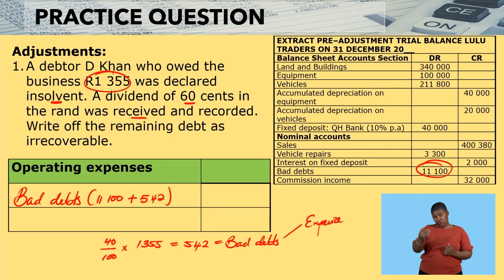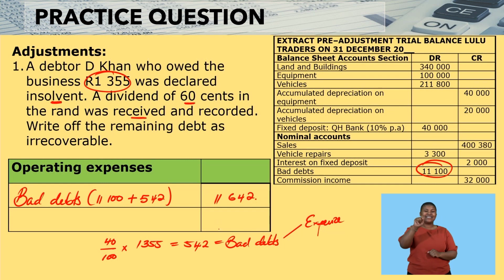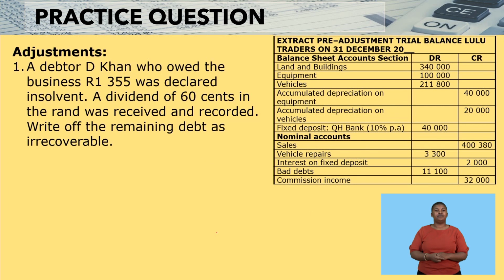If I close that bracket, I have 11,642. That becomes my bad debts amount in the statement of comprehensive income under my operating expenses.